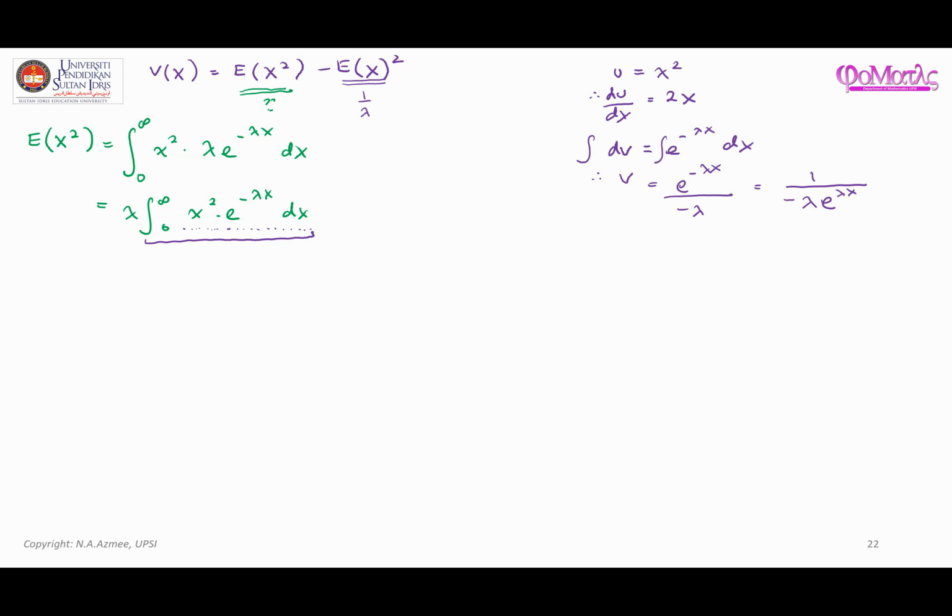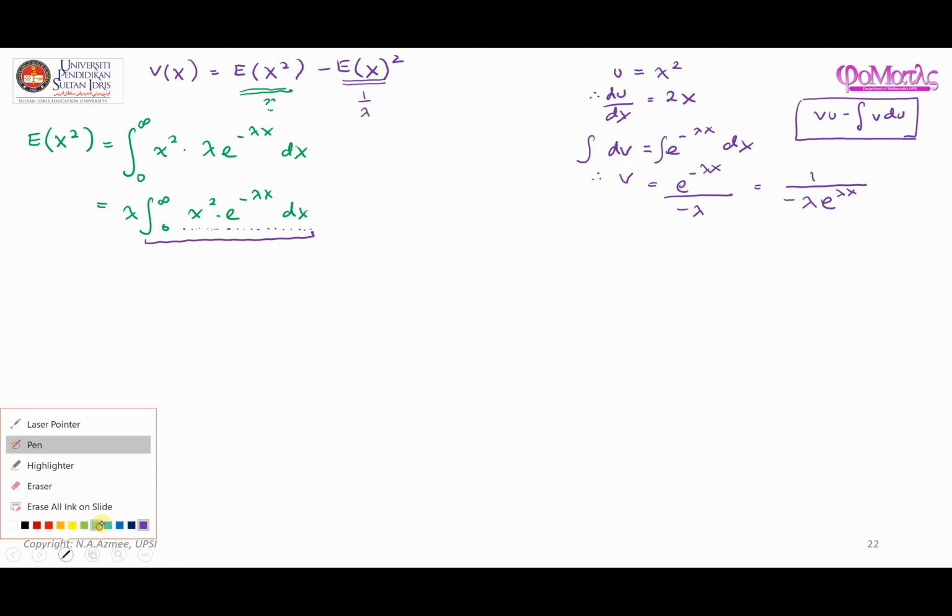Okay, so that is u and v, and we're going to apply uv minus integral of v du. So this is the formula for integration by parts. Now let's move on. So here we've got lambda, and then the integration by parts is given by this process. V is this guy, so this is v.